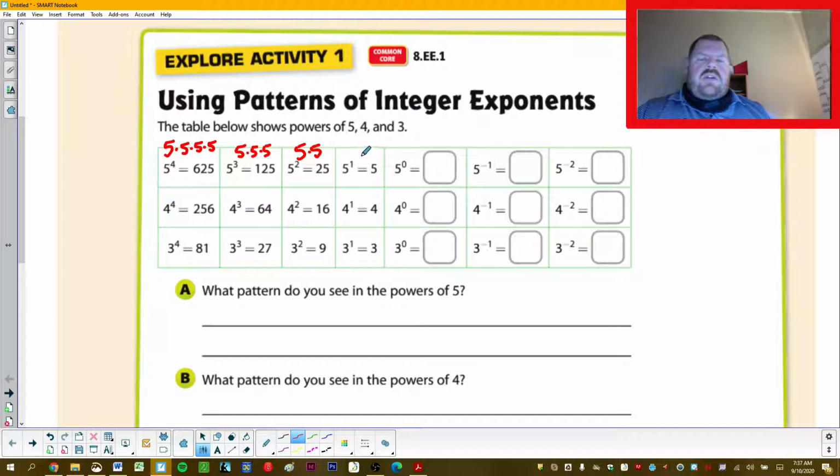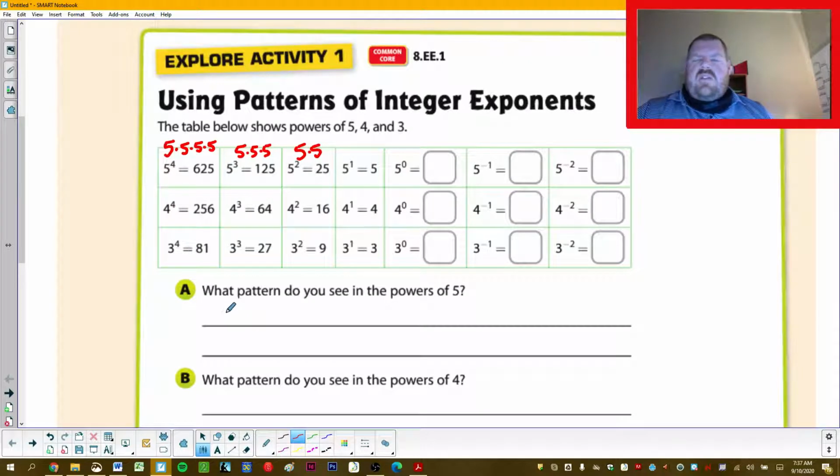We could see the same thing as we look at the 4s and the 3s. But as I go from right to left on the 5s, I notice that every single time I'm taking away a 5.